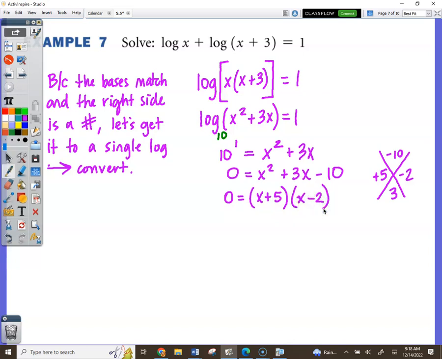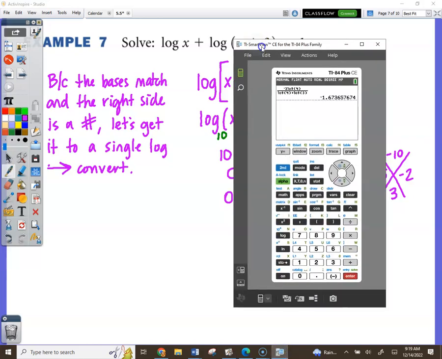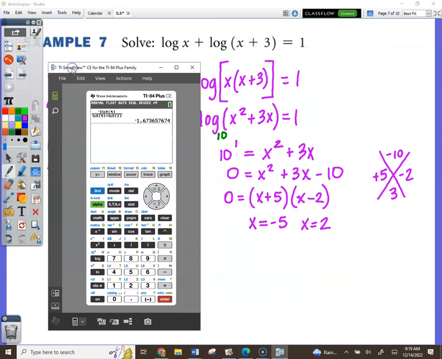So what's the solution that comes from this one? X equals -5. What about this one? Okay. Is it possible to have two answers here? Check it. They're the same base. So check it. So go to your calculator. I would go back to the original.